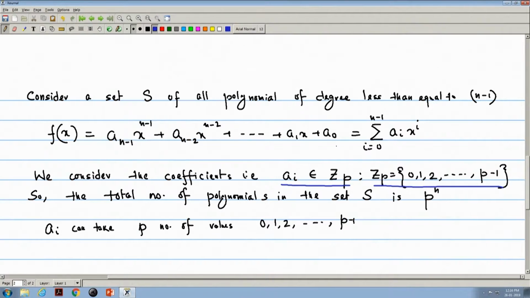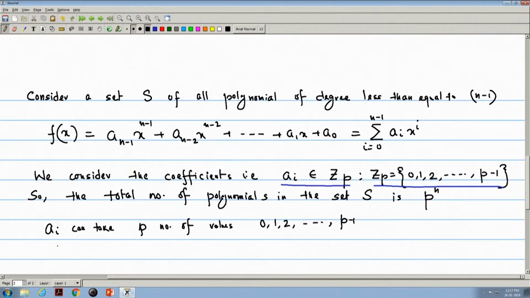And I have n number of coefficients, a_0 to a_{n-1}. So all possible terms that will give one polynomial will be p to the power n. So, there will be p to the power n number of polynomials in the set.